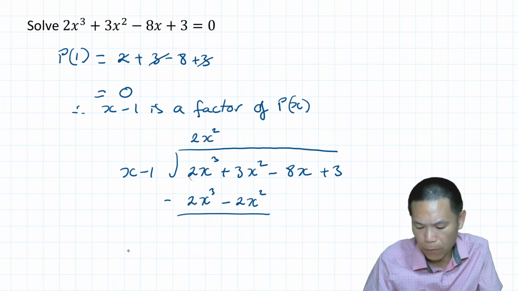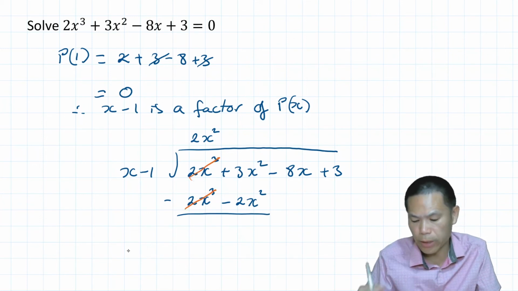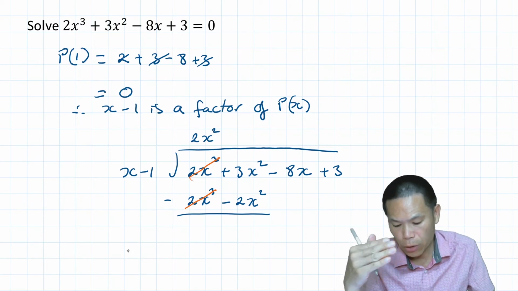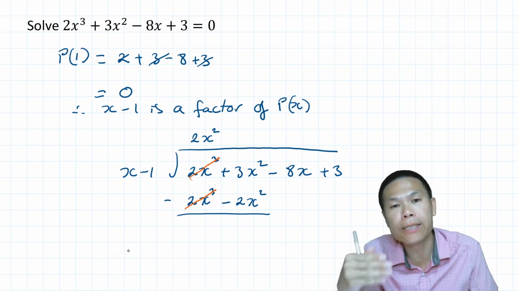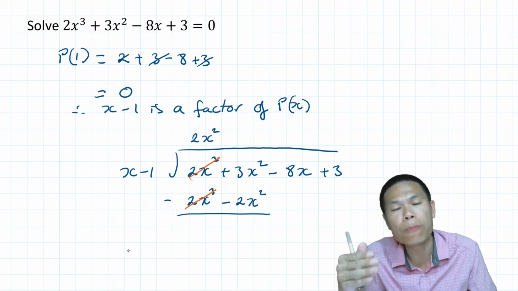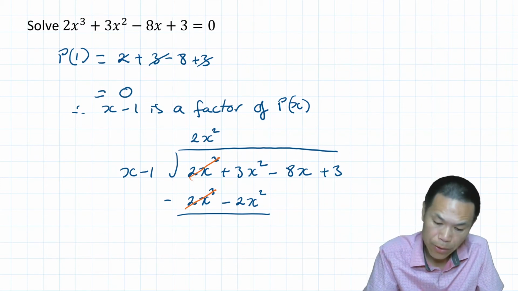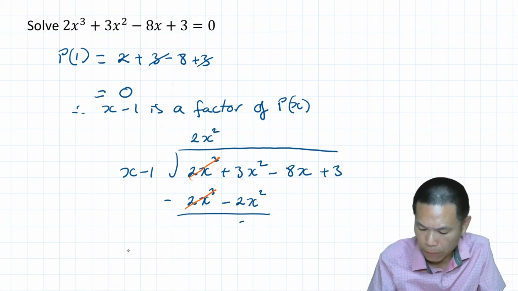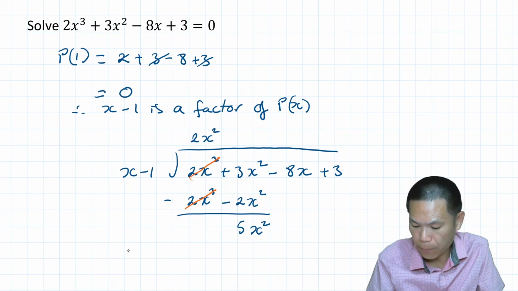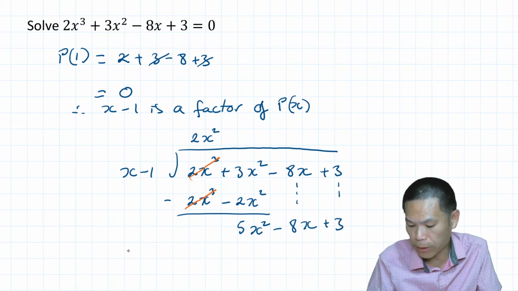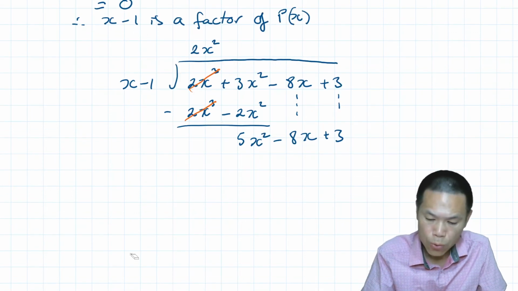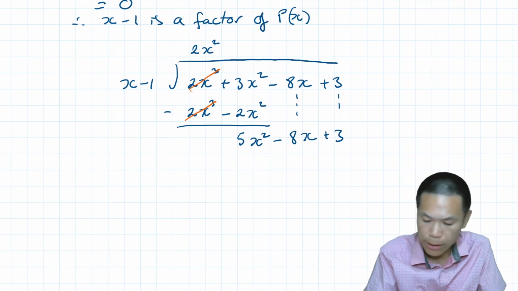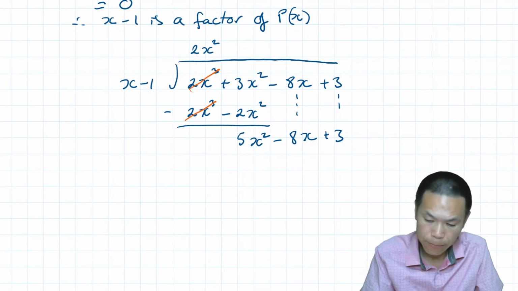So negative 2x squared, and we subtract it. Then 2x to the power 3 minus 2x to the power 3, we cancel out. So 3x squared minus negative 2x squared, that should be 5x squared. So just write 5x squared. And bring this minus 8x down, and bring this 3 down. Then we go 5x squared divided by x, so that is equal to 5x.